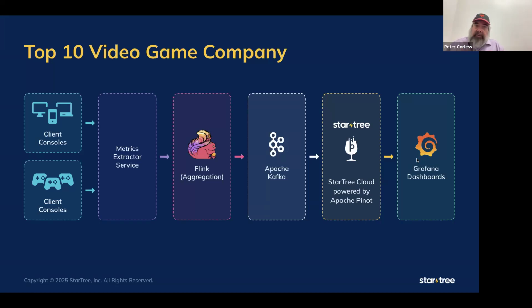For instance, ClickHouse is a single binary, so you can't really scale it independently as brokers and servers. You can become cost inefficient as you scale out ClickHouse because you can't do those two tiers. Whereas for StarTree, the brokers can be scaled out independently of the servers.